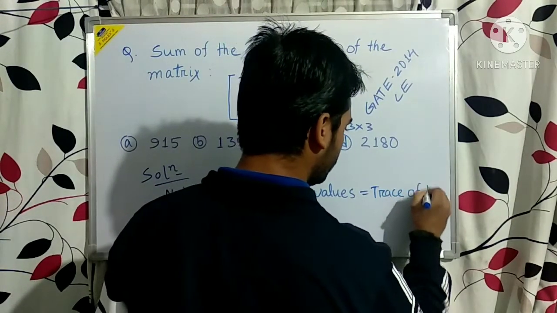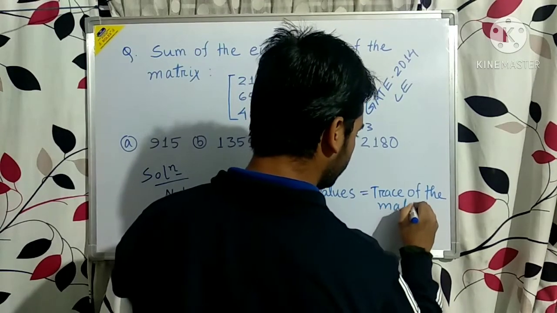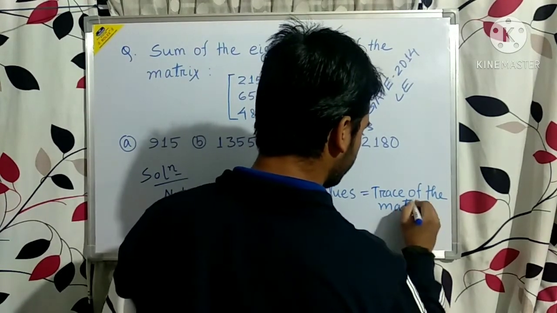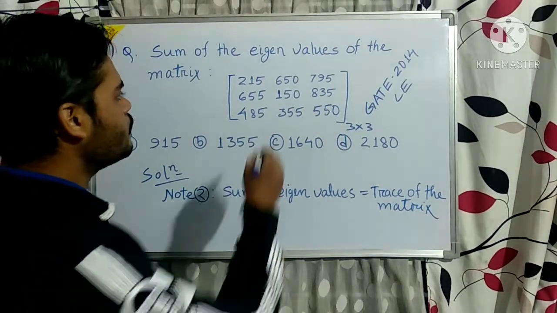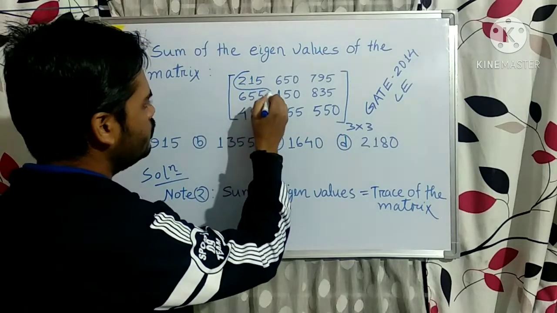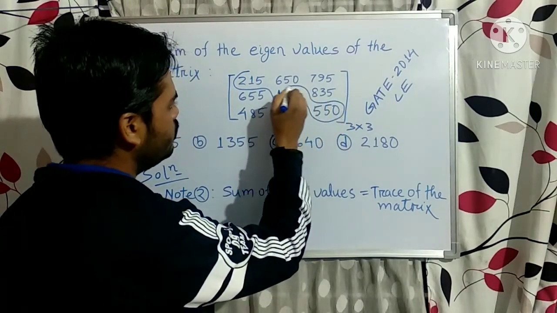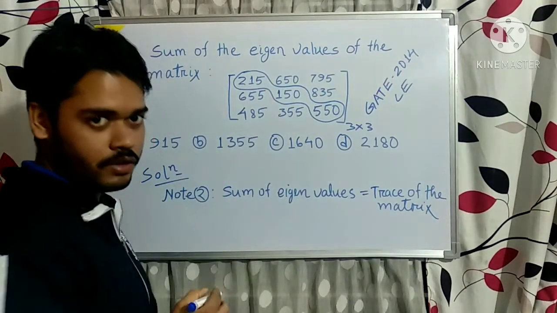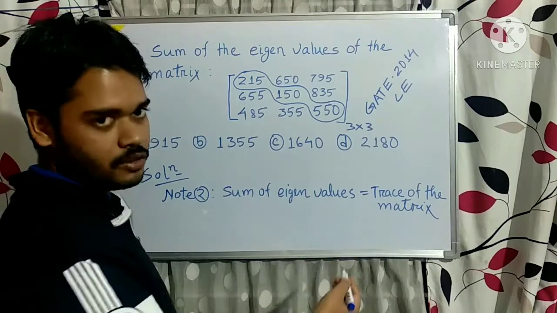You can see here, this is the matrix, and these are the diagonal elements. So the sum of the diagonal elements is simply the trace of the matrix.